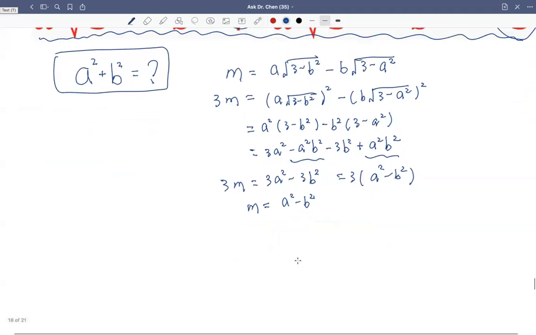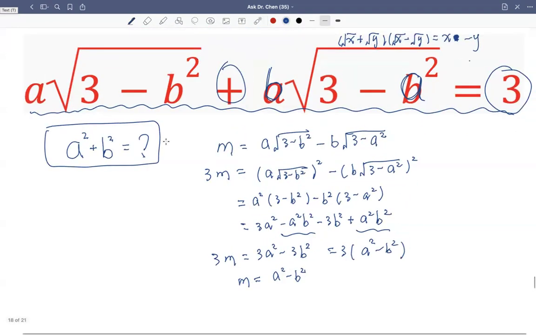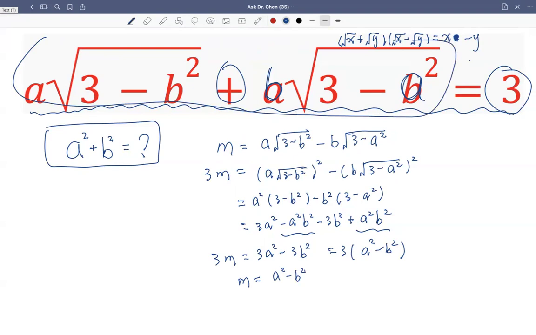Then remember we do 3 plus m, because this is 3, right? This whole thing is 3. And the m is its conjugate. So if we add those two, if we do 3 plus m, that would be this plus this. What gets canceled?